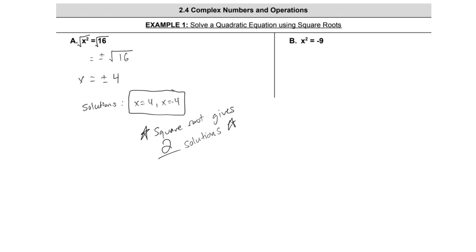Now the next one. If we try to solve it the same way, we wouldn't be able to, because there are no real solutions that can be squared and give us a negative number.